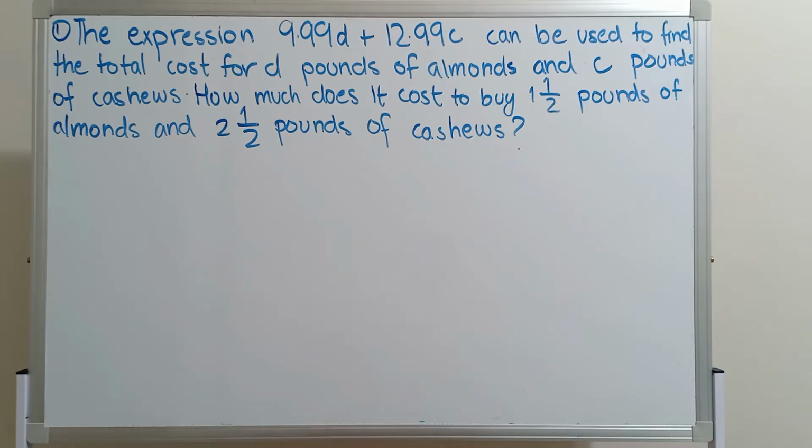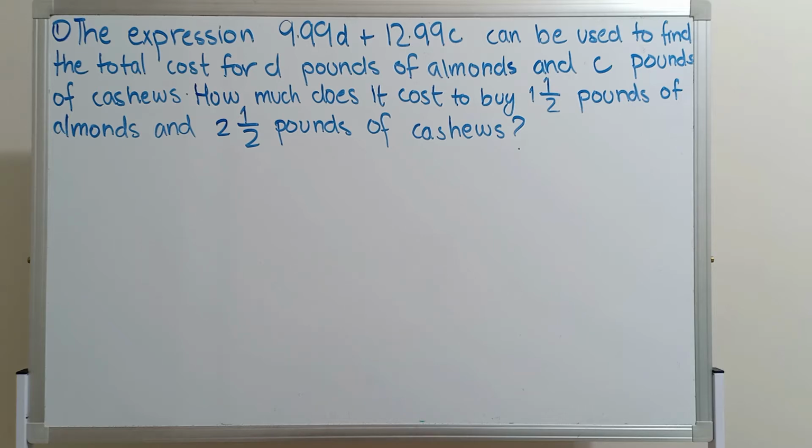Here we have our first question. It says the expression 9.99D plus 12.99C can be used to find the total cost for D pounds of almonds and C pounds of cashews. How much does it cost to buy 1 1/2 pounds of almonds and 2 1/2 pounds of cashews? Let's see what we are given.